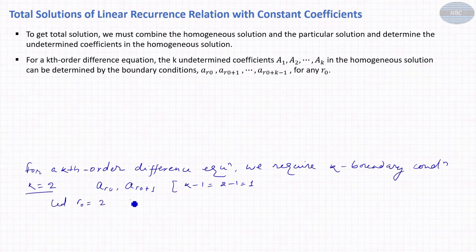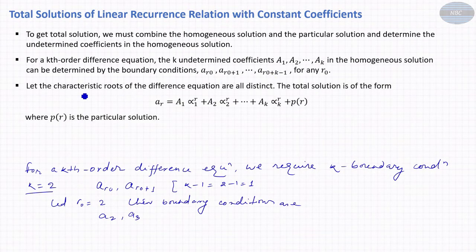Then the boundary conditions are, putting r0 equal to 2 here, a2 and a2 plus 1, which is a3. In this way, for a kth order difference equation, we require k boundary conditions, which can be determined by this particular condition.